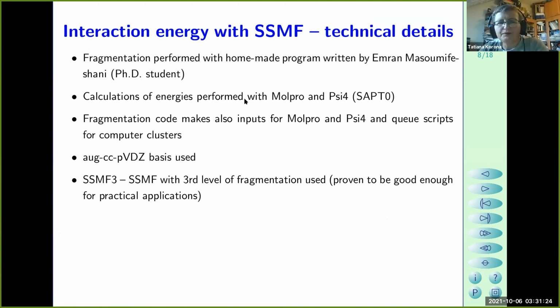The calculation of energies was performed either with MolPro or with Psi4. This fragmentation code written by Emran also makes inputs for MolPro or Psi4 and Q scripts for computer clusters. And we use the third level of fragmentation, which has been proved to be good enough for practical application in our previous work.